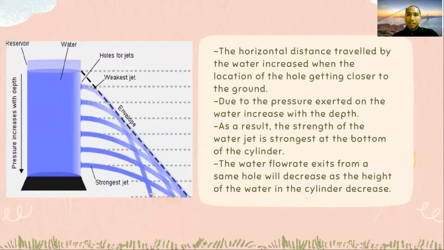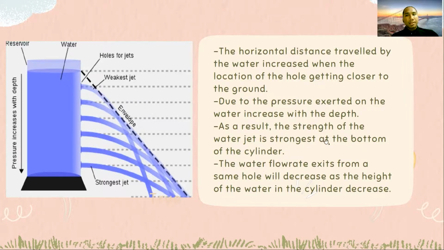From the equation, we can conclude that the horizontal distance traveled by the water increases when the location of the hole gets closer to the ground. Here is the ground, here is the hole. Due to the pressure exerted on the water, pressure increases with depth.